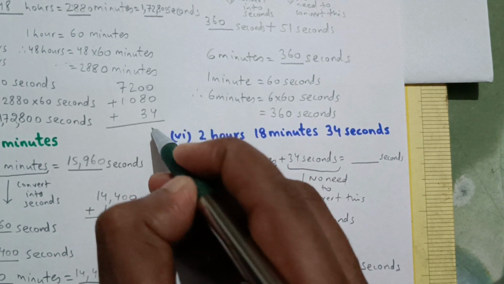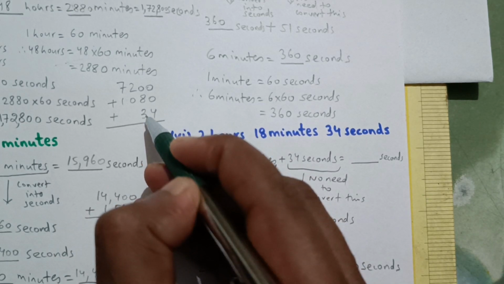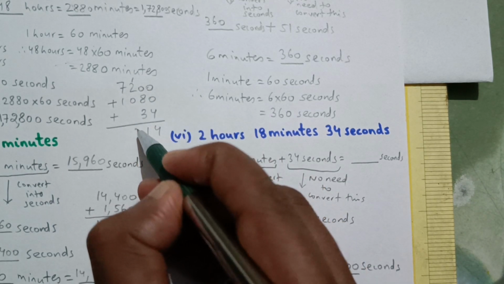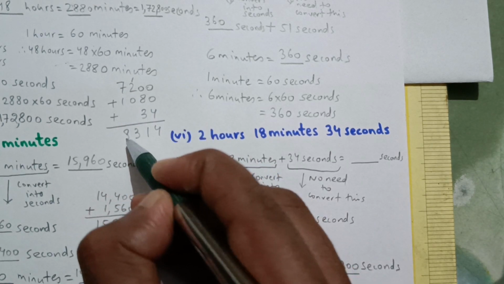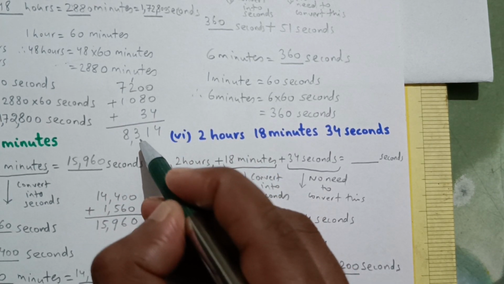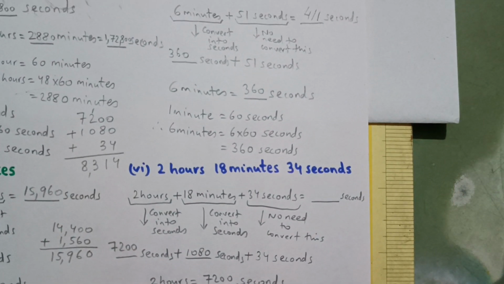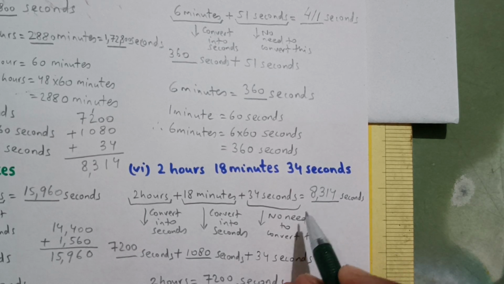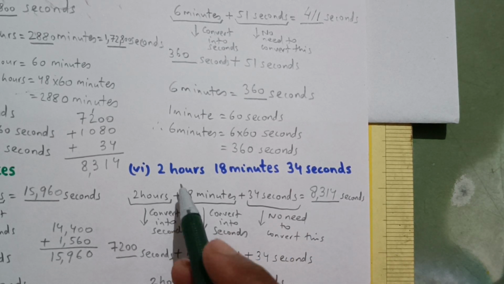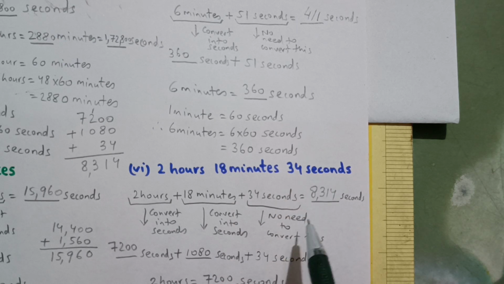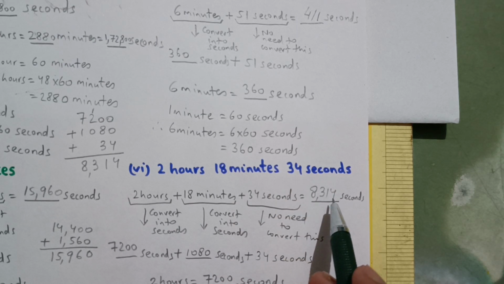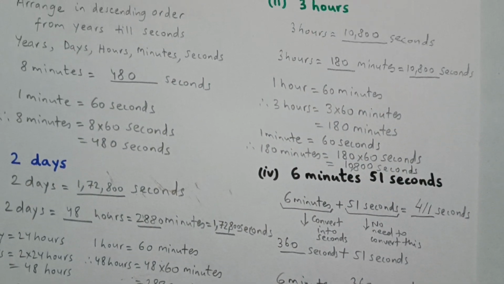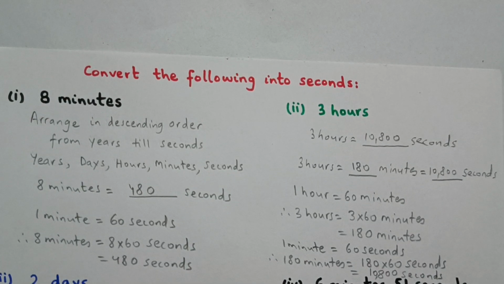So the answer will be 4. 8 plus 3 is 11, carry forward 1. 1 plus 2 is 3. And then 7 plus 1 is 8. So 8314 seconds. So 2 hours, 18 minutes, 34 seconds is 8314 seconds. And this is how you can convert any given measurement of time into seconds.